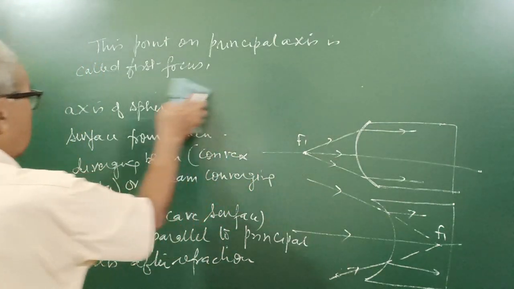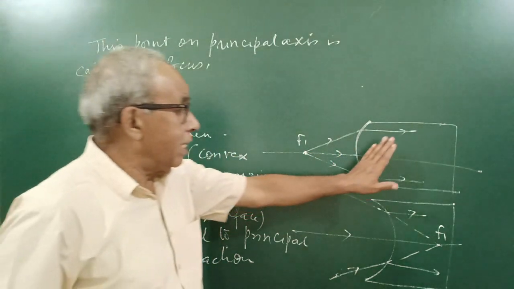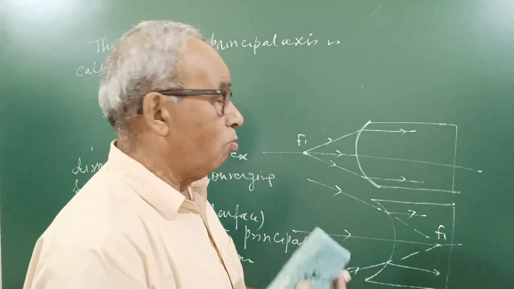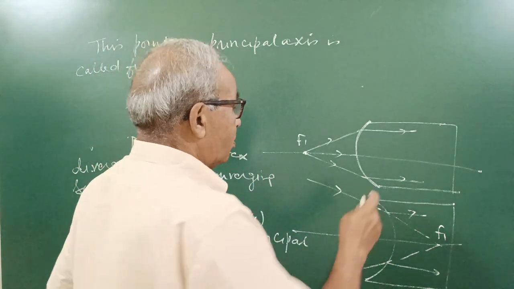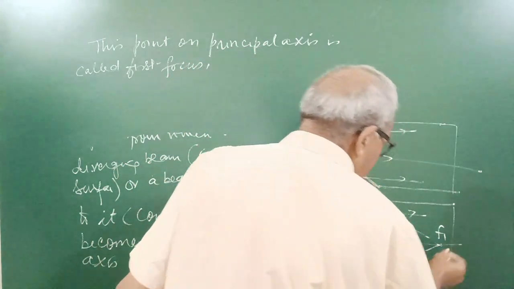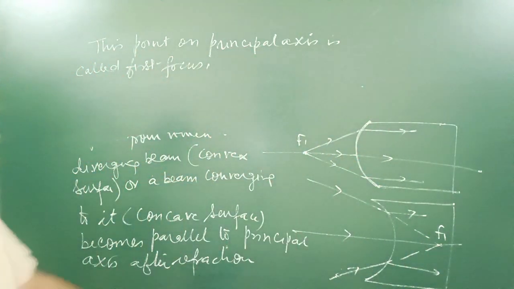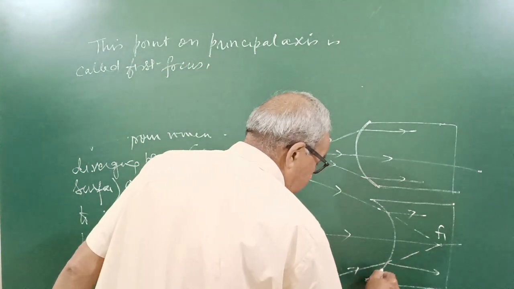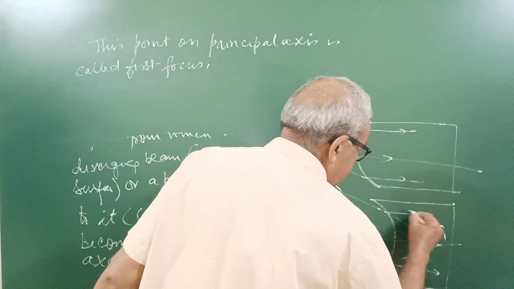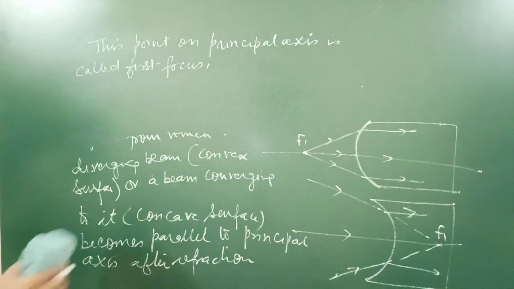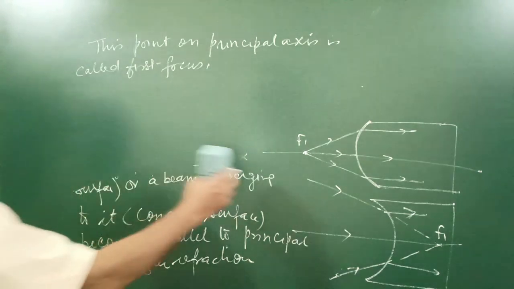I am telling again, in the case of a convex surface, this point F1 from which a diverging beam after refraction becomes parallel is the first focus, or a beam converging to a point on the principal axis in the case of a concave surface becomes parallel to the principal axis after refraction. This point is called the first focus of the spherical surface.